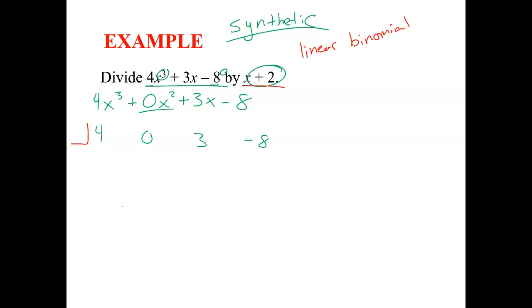Okay, or the exponent is what? 1. Our variable has an exponent of 1. How do I know it's a binomial? It has 2 terms. So an exponent of 1, and it has 2 terms. A linear binomial.